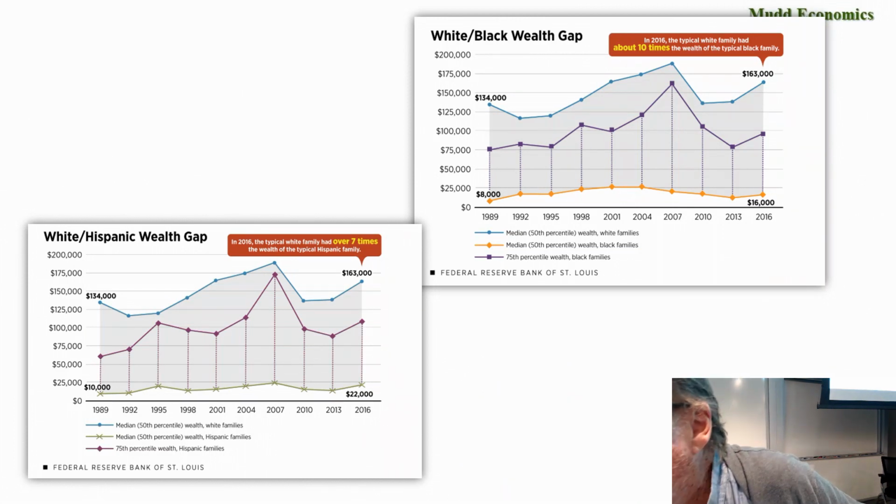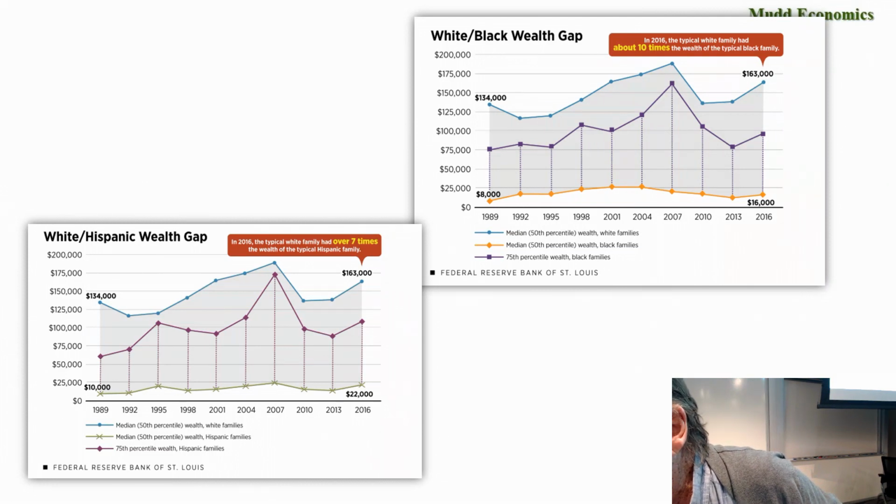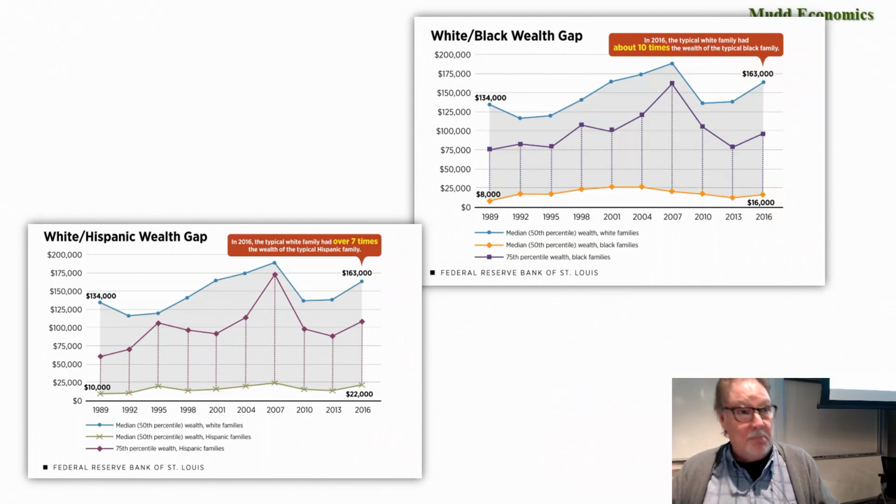So let's see, the white families on the graph on the lower left. That's the median wealth for white families. That's the blue line. So median wealth, right? Not mean, because you don't use mean since it's so skewed by the rich.